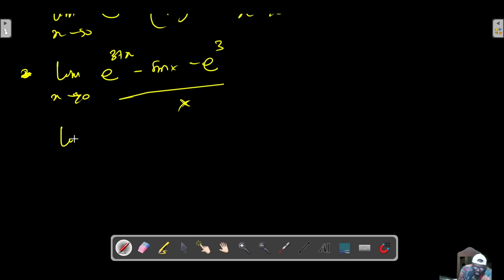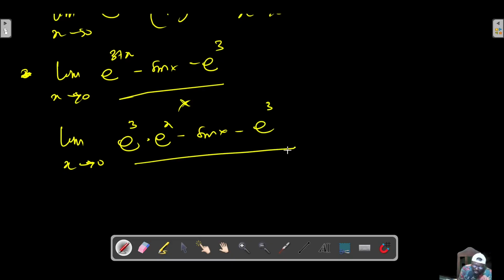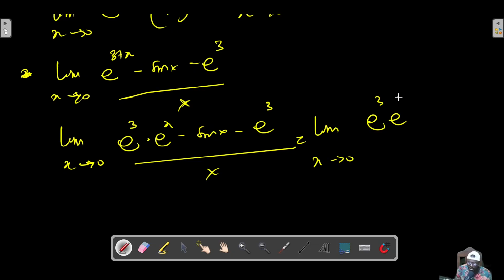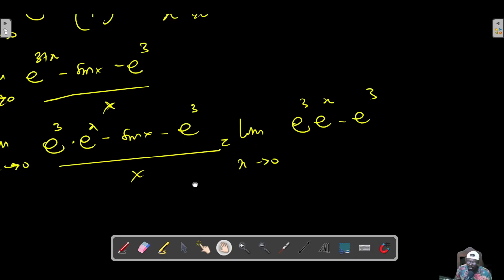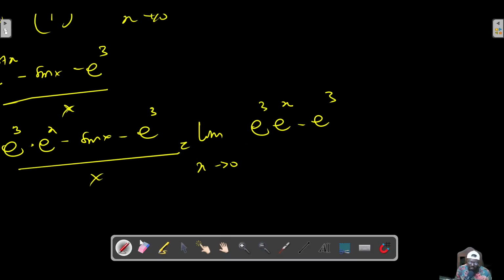Now for here I can factorize. This can be written as the limit as x approaches 0 of e raised to the power 3 times e raised to the power x, minus e raised to the power 3, minus sine x, all over x.